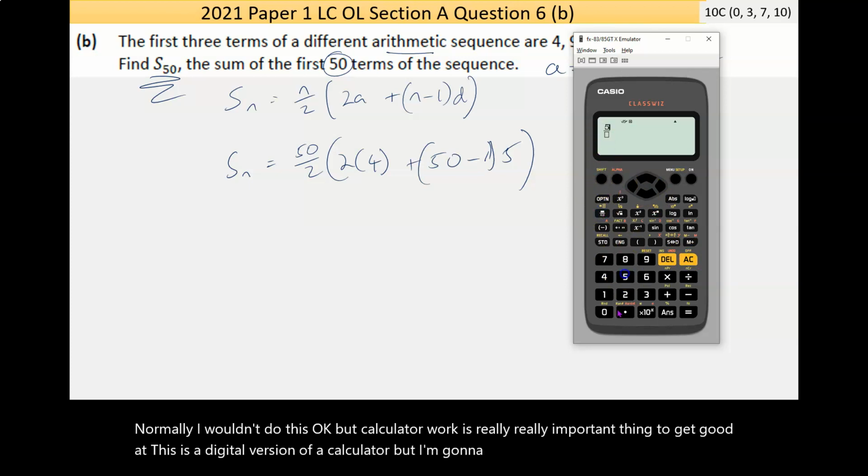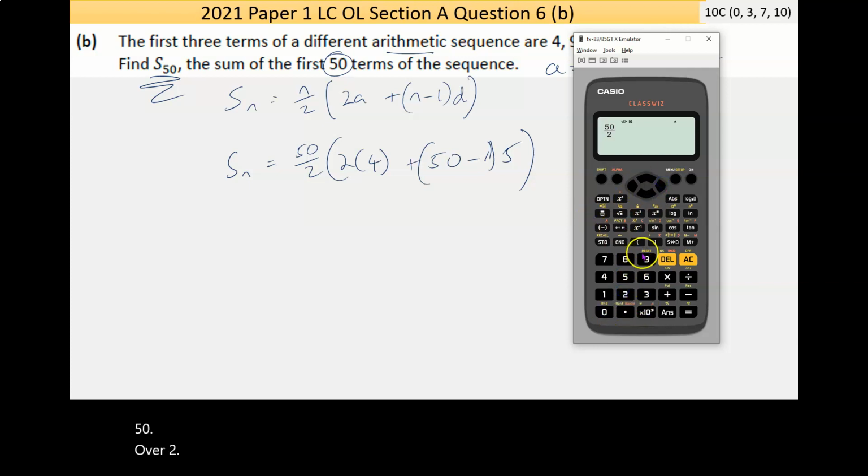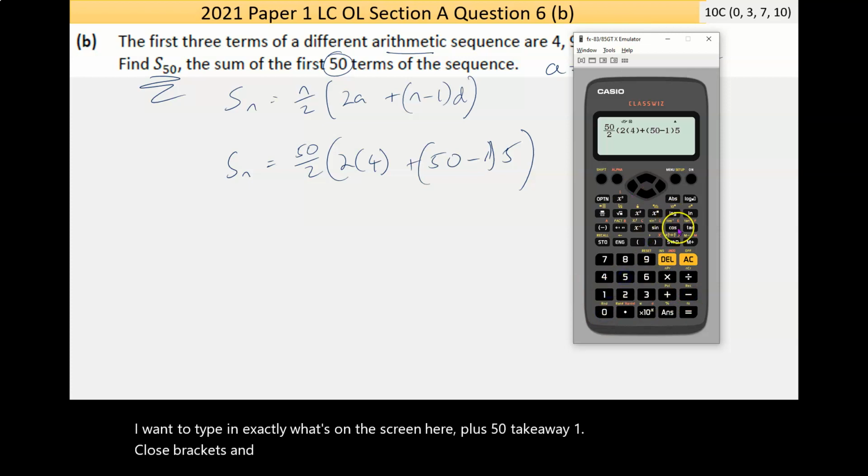So on the top there's 50 over 2, and then times, be careful here, 2 brackets 4, plus 50 take away 1, close brackets, and 5, close brackets. That should be it.